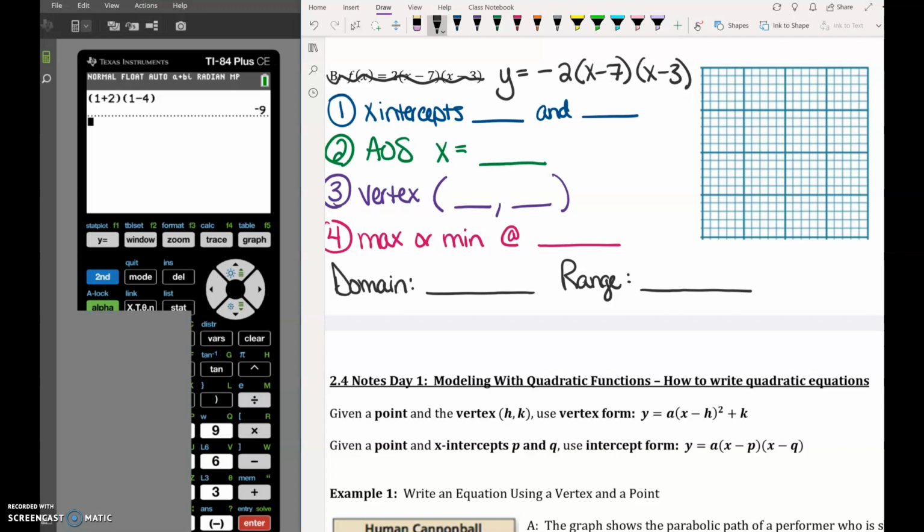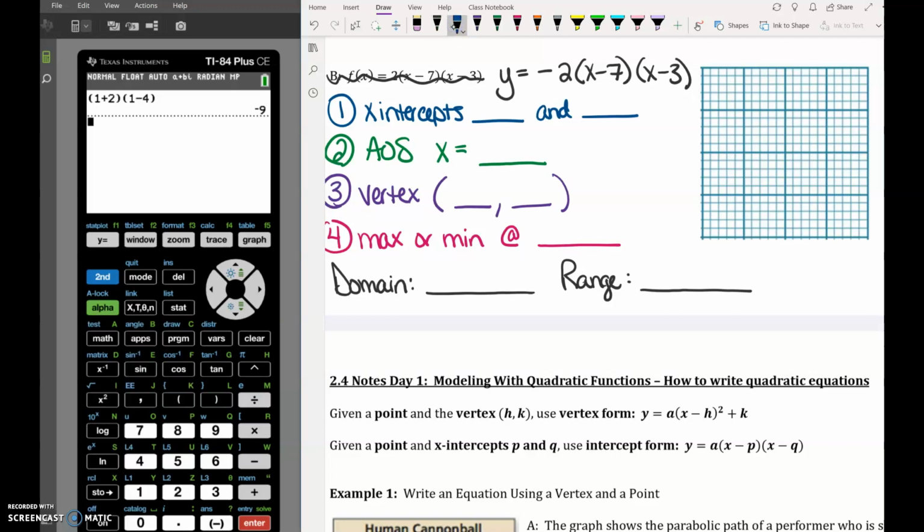If you're watching the video, pause the video. Try this on your own. Your x-intercepts are the opposite of what you see in the parentheses. So I see -7 and -3. That means my intercepts are going to be +7 and +3.